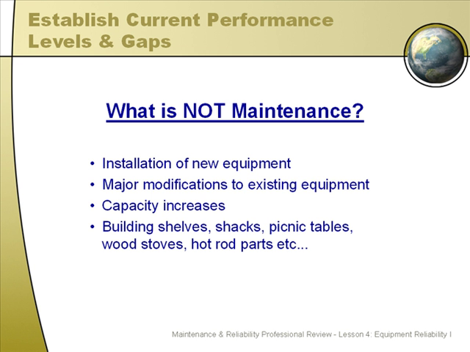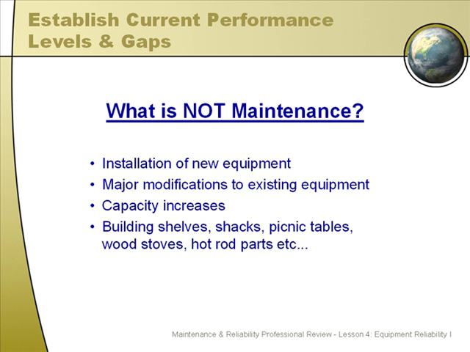Next, major modifications to existing equipment. That's not maintenance. Maintenance is the upkeep of existing assets in their current application and condition. Well, major modifications doesn't fit in there. Capacity increases. Breaks the rule. Under the maintenance definition, it's at their current capacity, not a capacity increase.